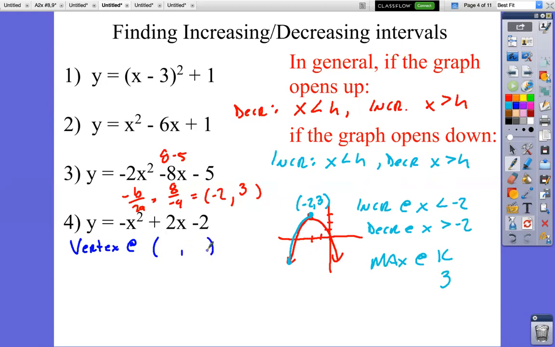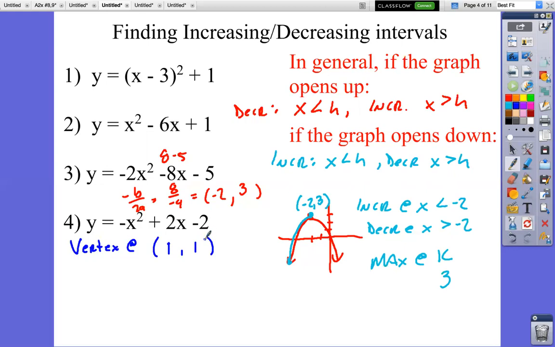What did anybody get for the vertex? Anyone? One.